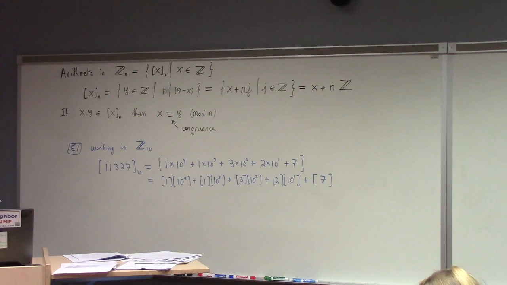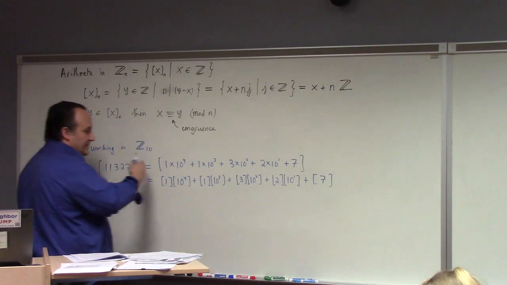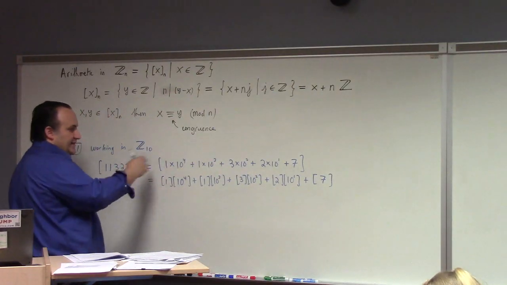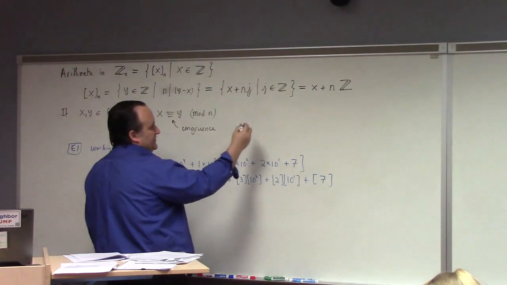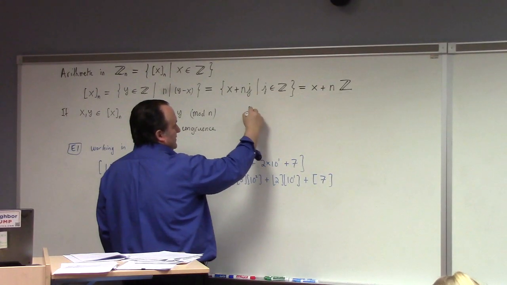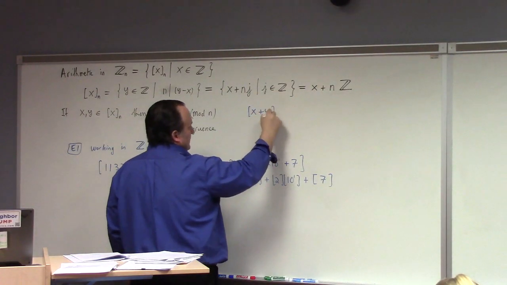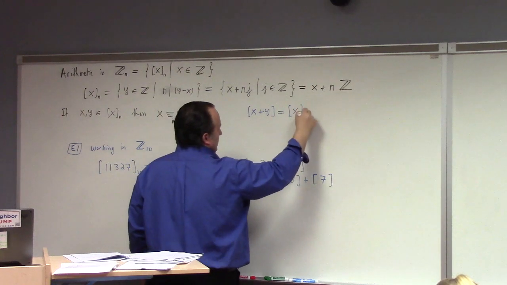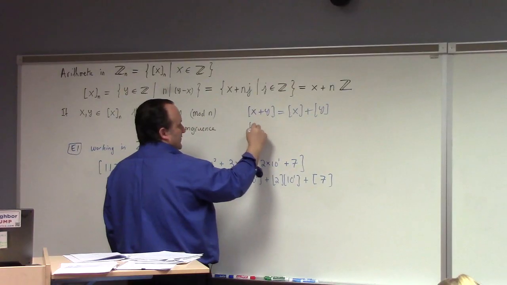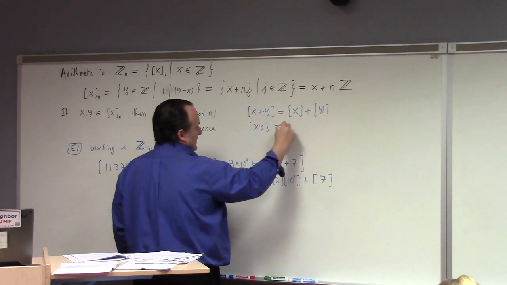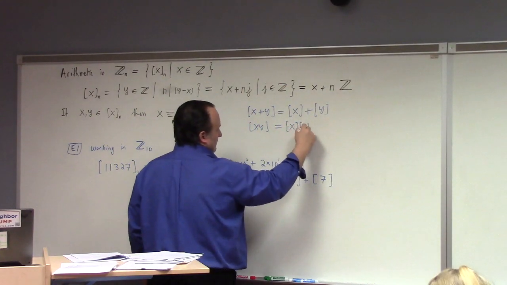Namely that if we have a sum inside the equivalence class, it's the corresponding sum of the equivalence classes. So basically there's two things I'm using here. The one is that the class of x plus y is equal to the class of x plus the class of y in this sense, all right? And also that the class of x times y is equal to the class of x times the class of y, all right?